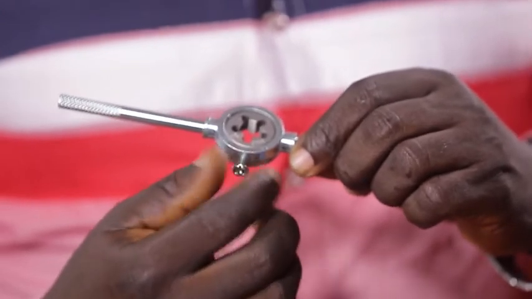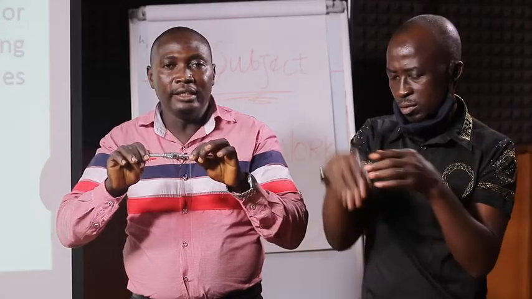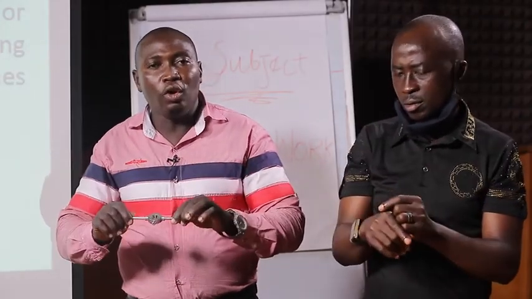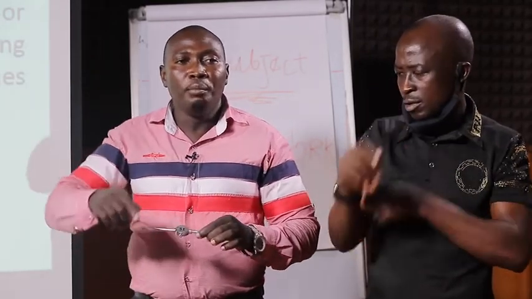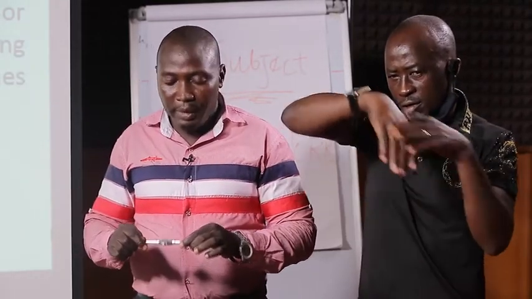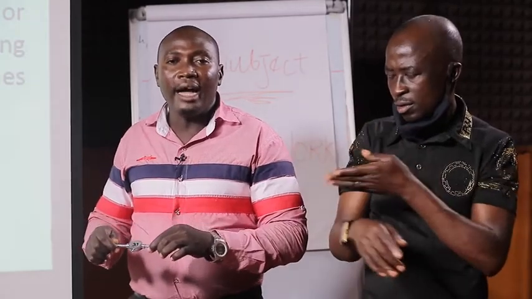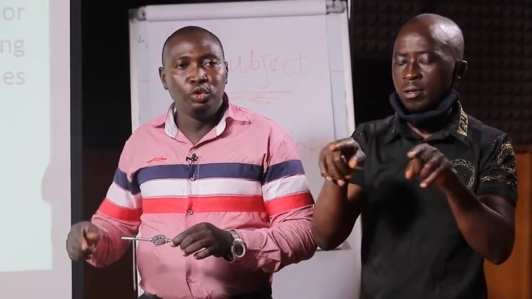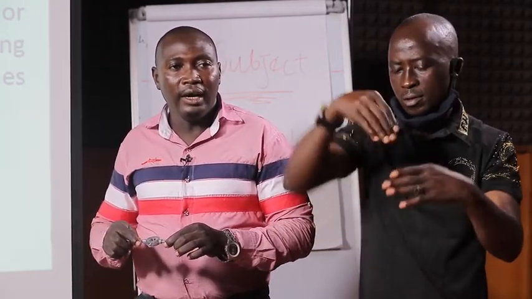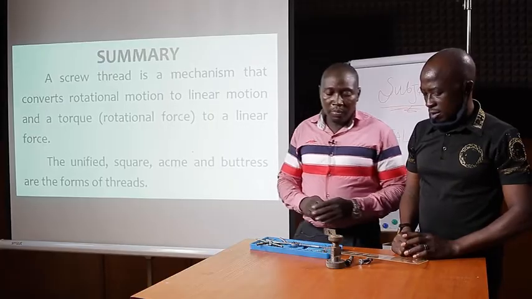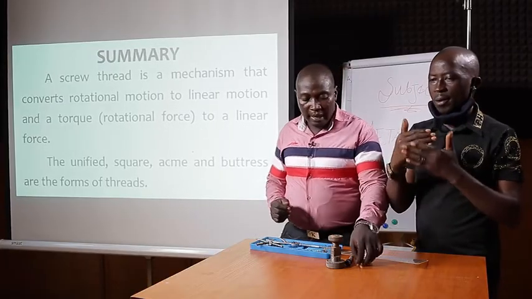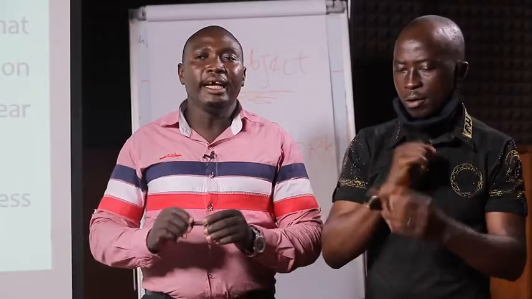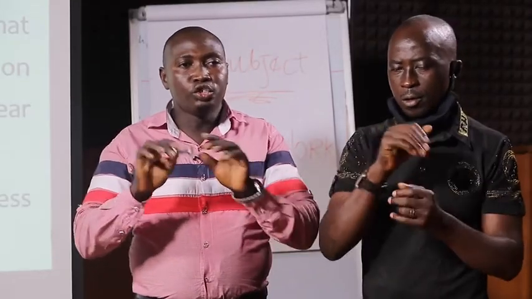And then you have your die inserted in the die holder. Now, the process of dieing or making an external thread on the bench is the same as tapping to produce the internal female thread.